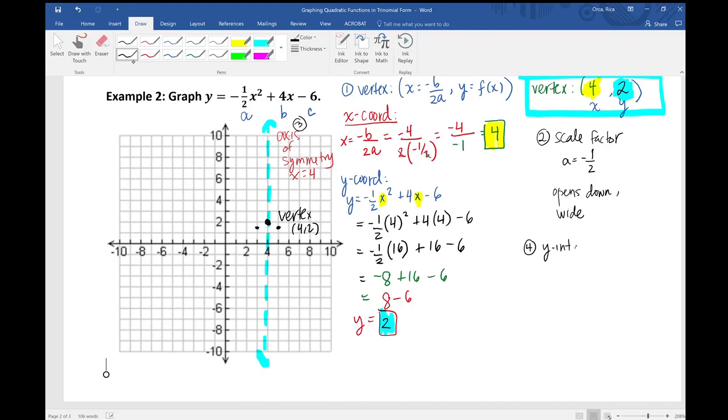So if I rewrite the equation, it's y equals -1/2 x squared plus 4x minus 6. Remember, the y-intercept is our c value, which is -6. It's always c.